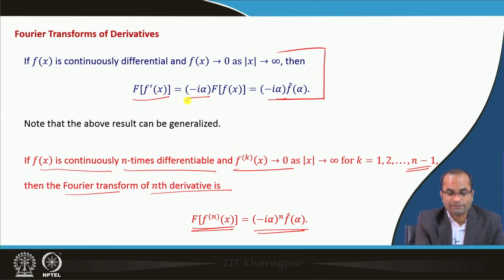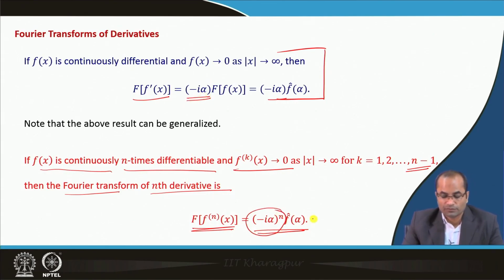So, every time −iα, that means (−iα)^n times the Fourier transform of f. That is a very simple property which can reduce the derivatives with the application of the Fourier transform to the derivative of the function.